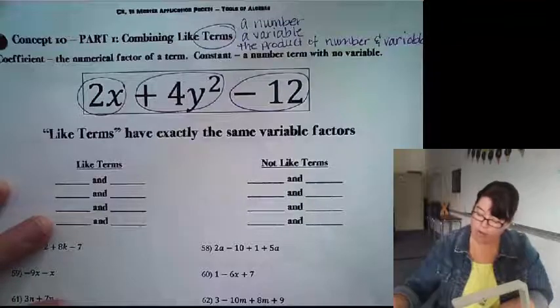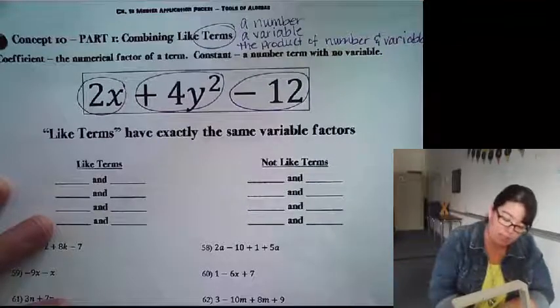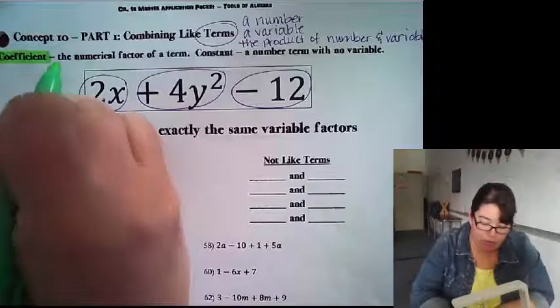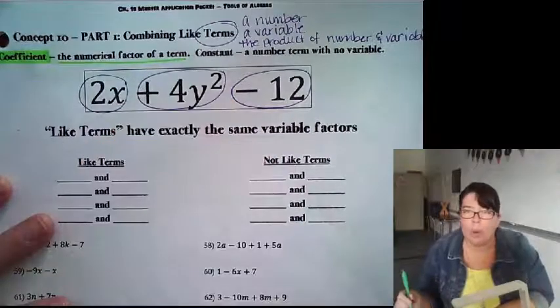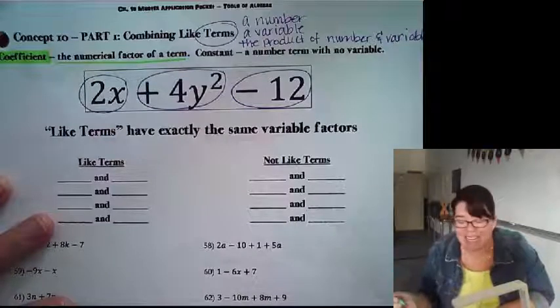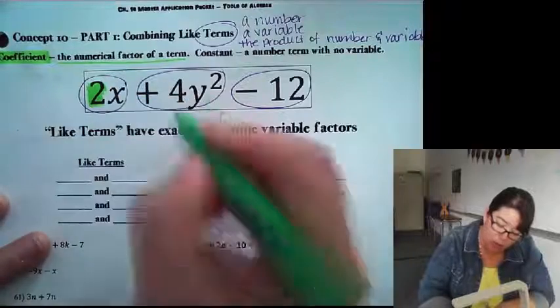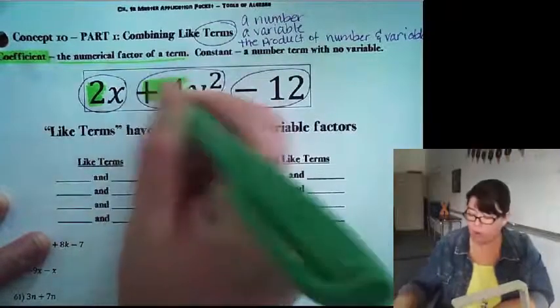The first thing that I want to tell you about is a coefficient. A coefficient is what's called the numerical factor of a term. What is that? Well, it's this part. It's like the 2 and the positive 4.